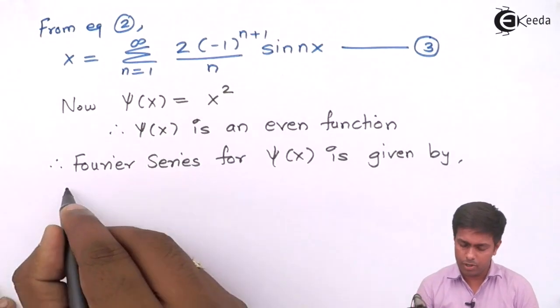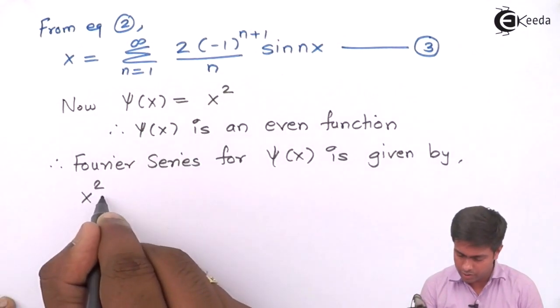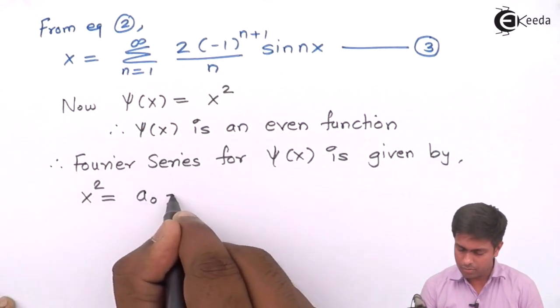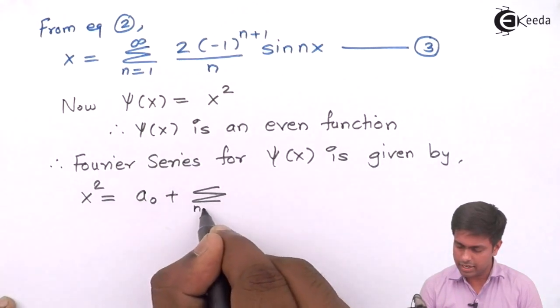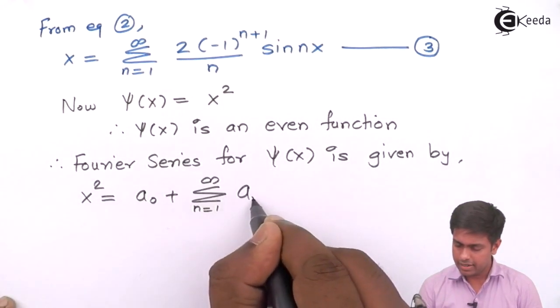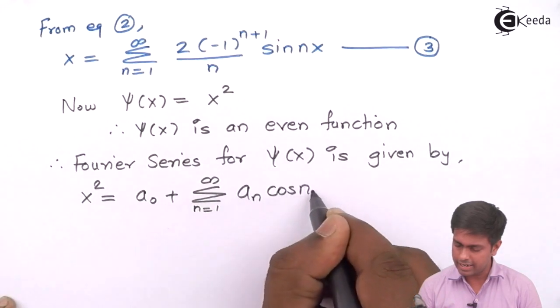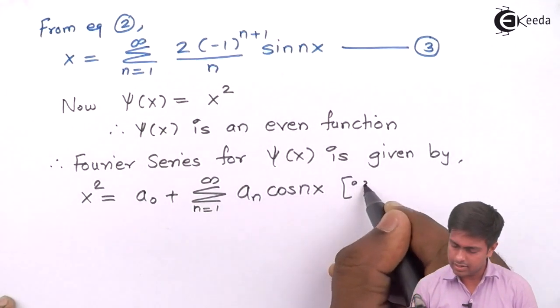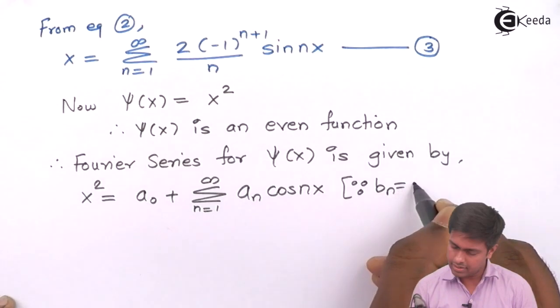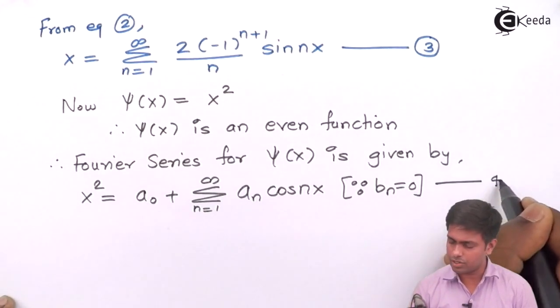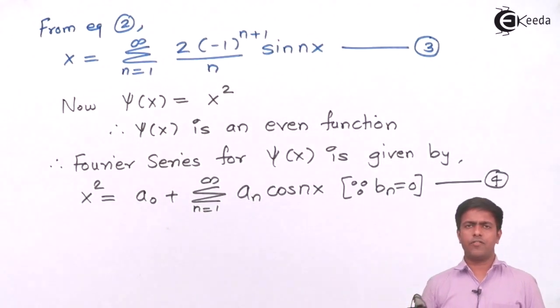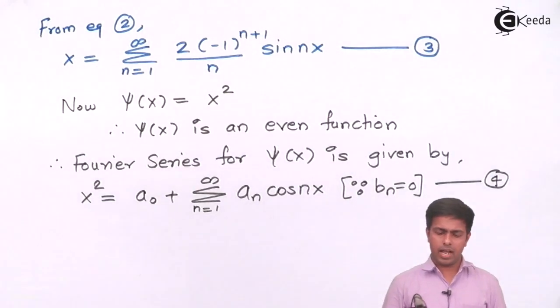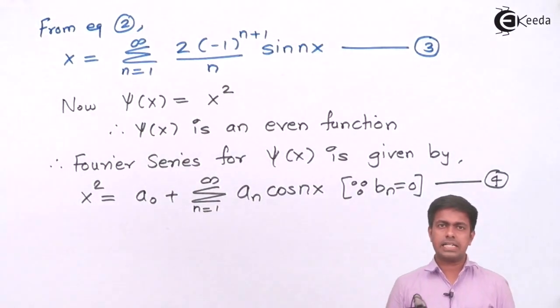So guys, by this formula, psi of x is x square, so x square equals a naught plus summation n equal to 1 to infinity an cos nx, since Bn is 0, and I'll call this equation number 4. Now guys, we'll find a naught and an, we'll put it here and we'll get the Fourier series for psi of x.